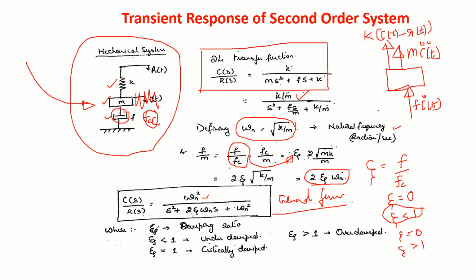Okay, now let us study the response of the second order system if it is subjected to a step input. I'll give a step displacement. Let us see now what happens.